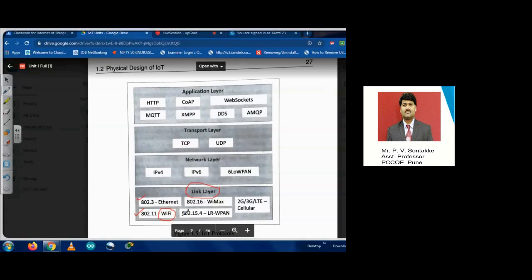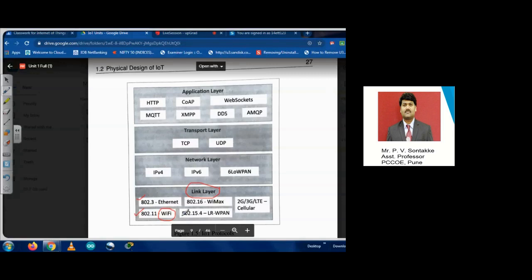Varieties of manufacturers are there. Certain devices will have single aerial, dual aerial, or 4 quad aerials. Varieties of different antennas will be there.